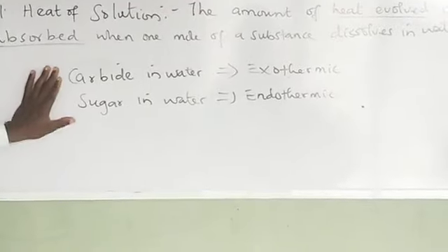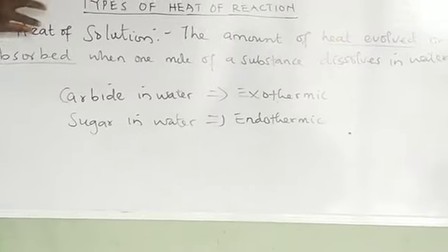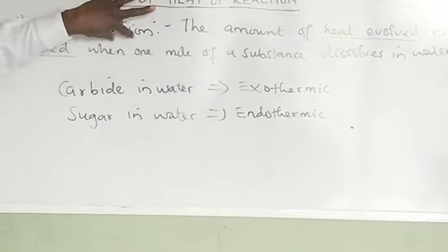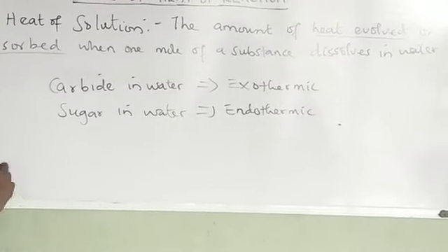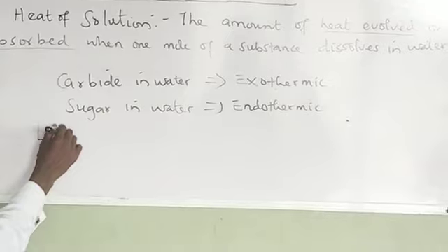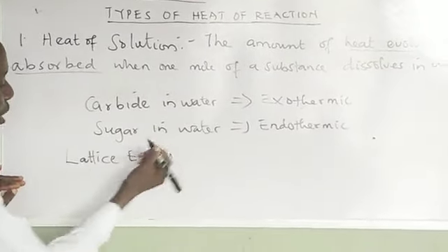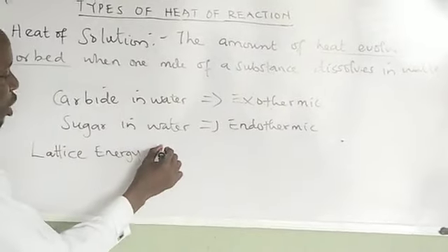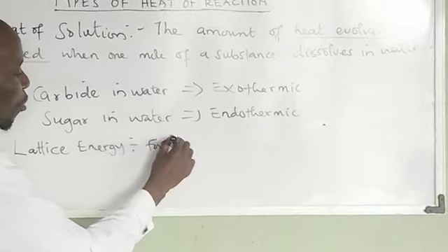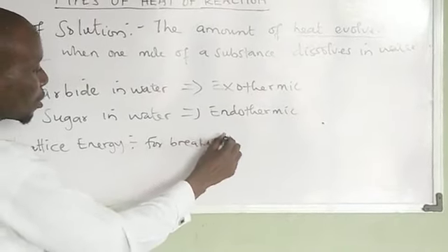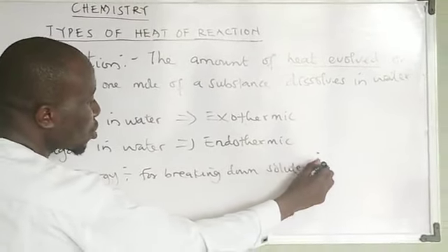Now, what is the clear boundary between the two? For anything to dissolve, two types of energies are needed. The first energy is what we call lattice energy. The lattice energy is responsible for breaking down solute particles.